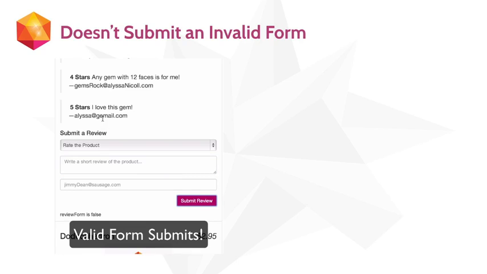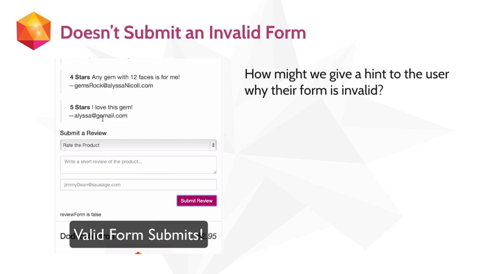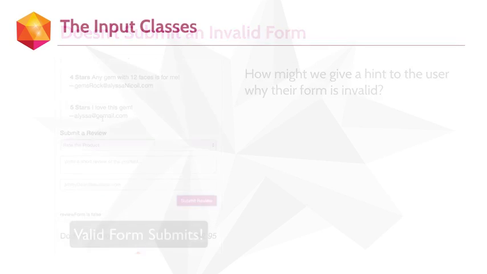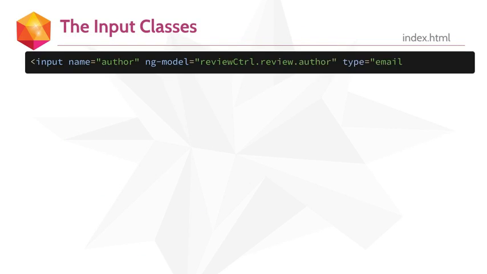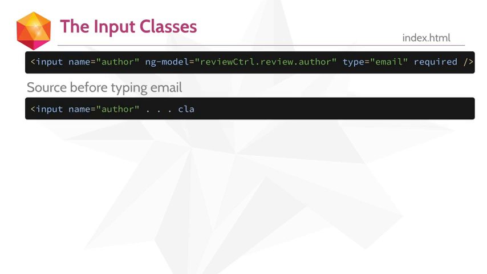Well, that's good, but we still need to give the user some sort of hint of why their form is invalid. Well, if we looked at the HTML that gets rendered on our page, in particular the form elements, we would see that the input value before we started typing email has a class of ng-pristine, which means it hasn't been touched, and ng-invalid, which means the email is not valid.